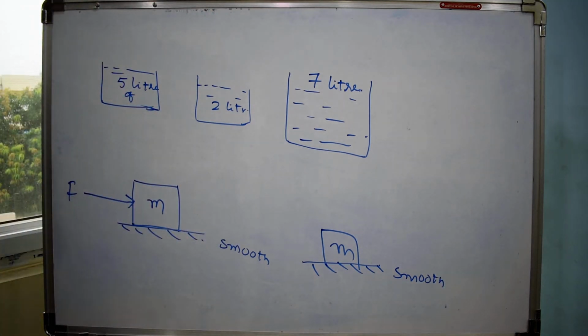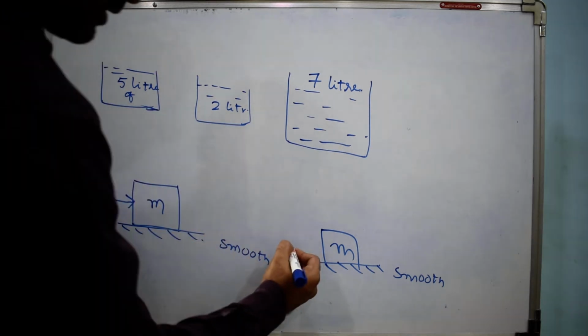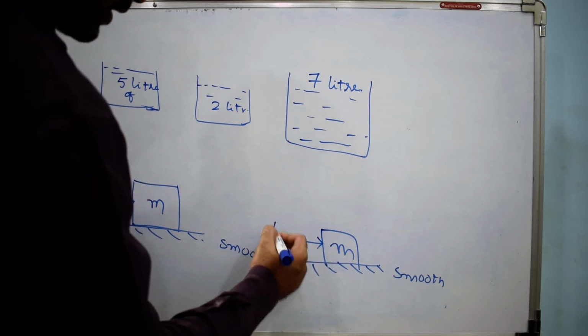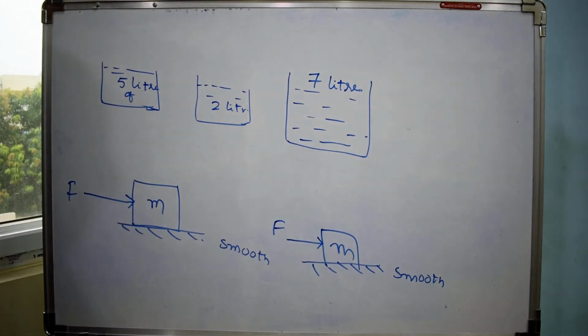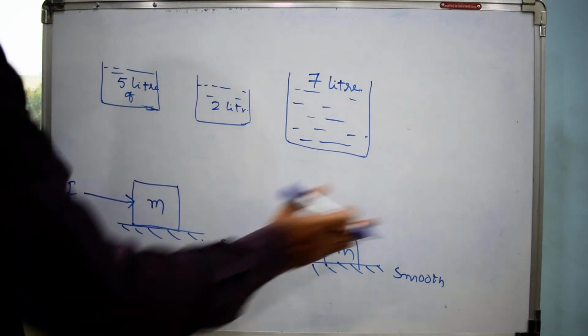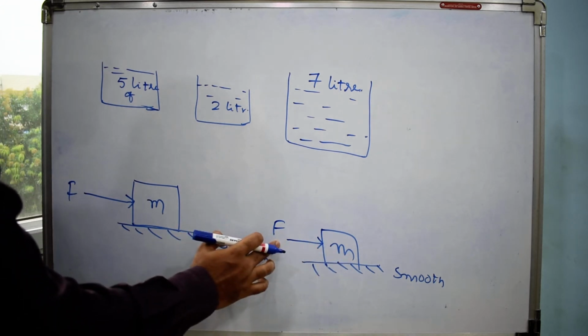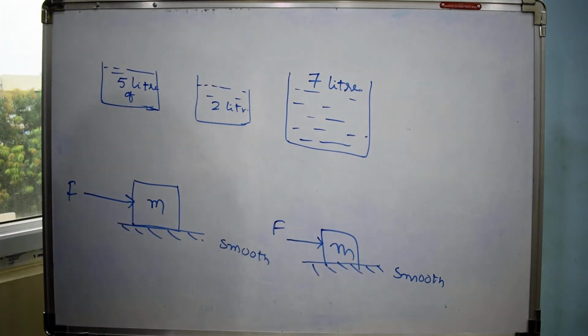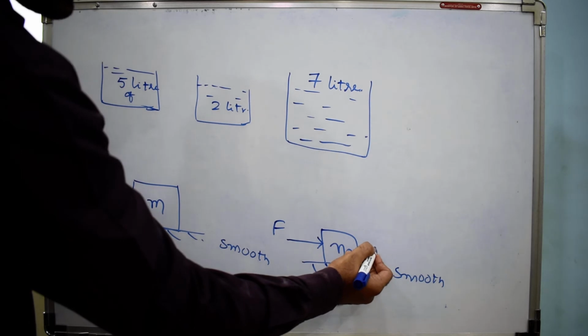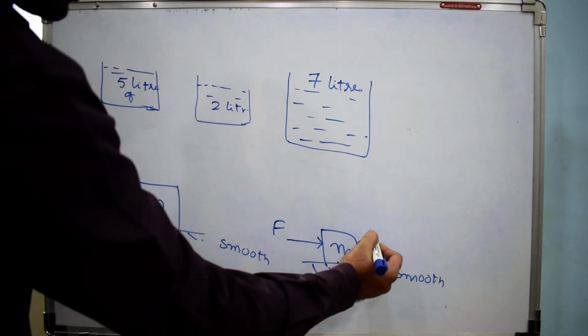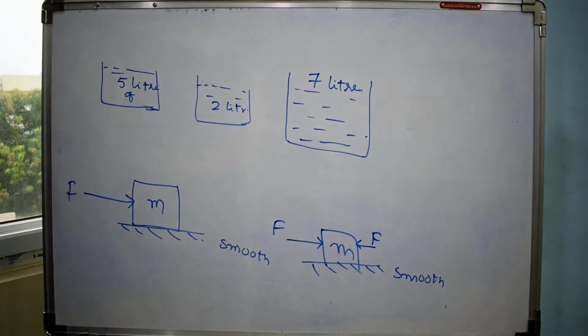But in this situation, instead of one person pushing the block, let's say we have two people pushing it. Okay, one person is trying to push it towards the right with a force F, and the second one is trying to push it towards the left with the same force.